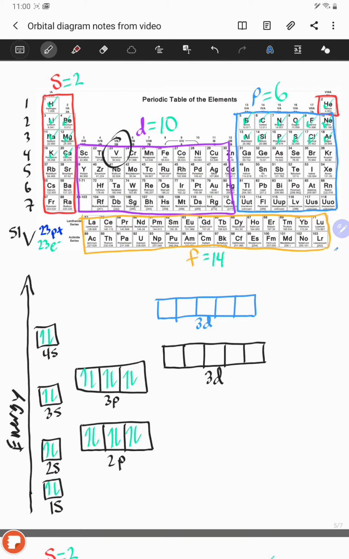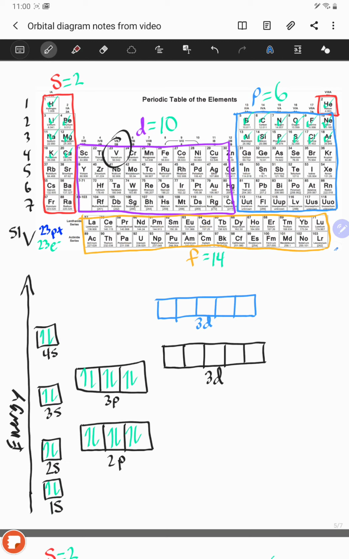But for whatever reason, the 4s gets filled first, and by doing so, it unlocks a mechanism to where the 3d orbital is going to fall, and then it will fill in at a lower energy level than the 4s.